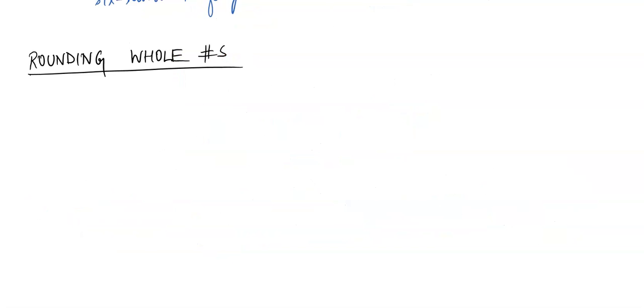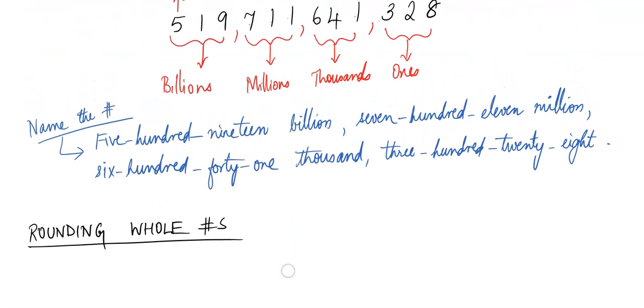When it comes to estimating, to get a rough idea, we like to round whole numbers. If you looked at the previous example, the numbers were so specific, right? It takes a while to fully explain that number exactly.